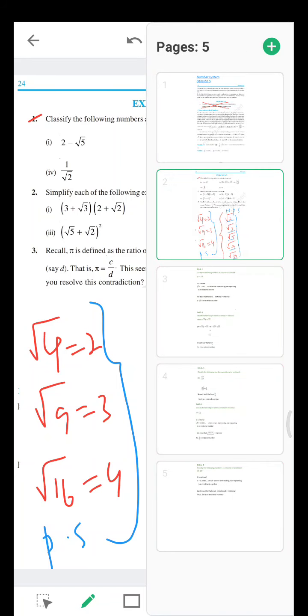Keep this in your mind that all the non-perfect square numbers are irrational numbers, okay. Another thing you must know here is that a non-perfect square number added to any other number gives you an irrational number. So all non-perfect square numbers are irrational.